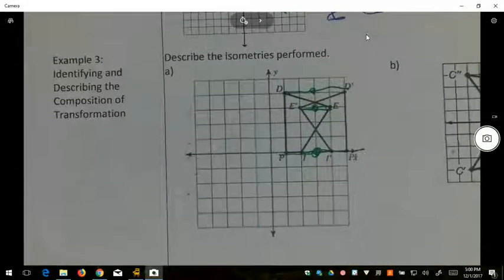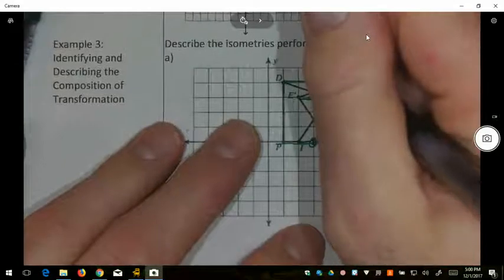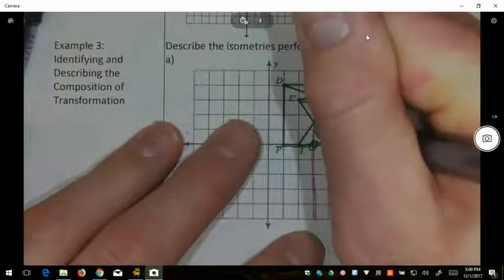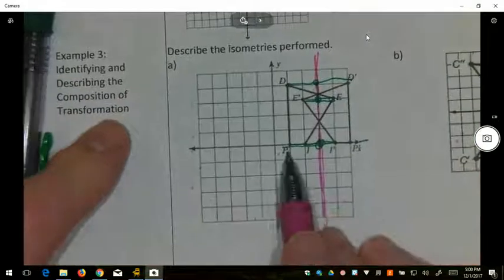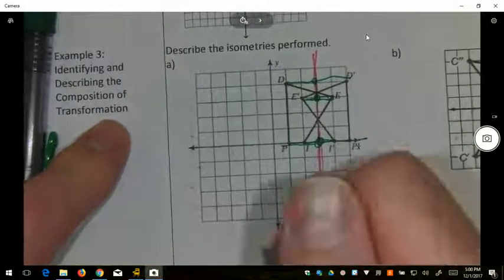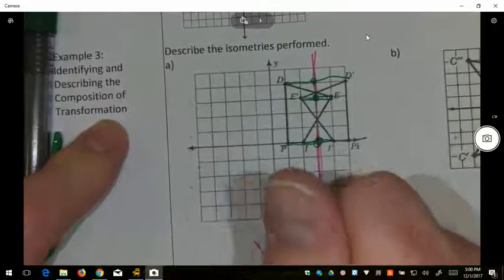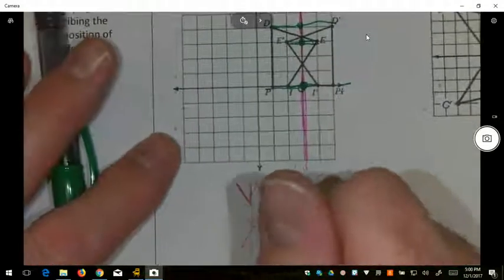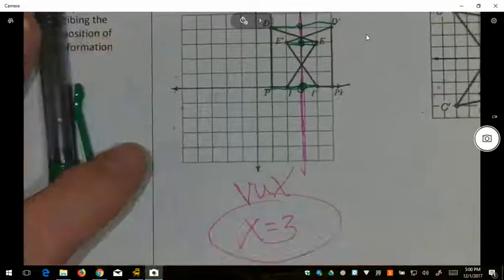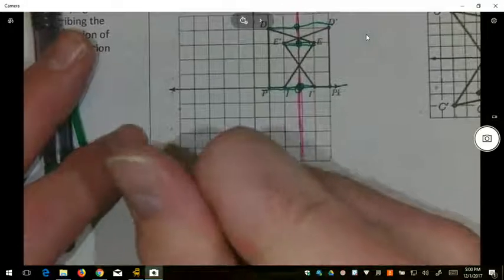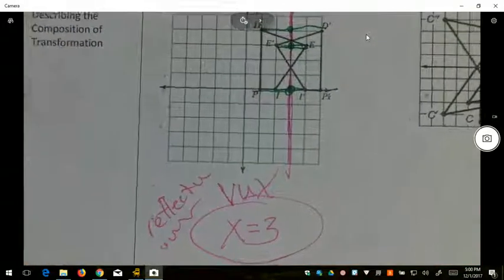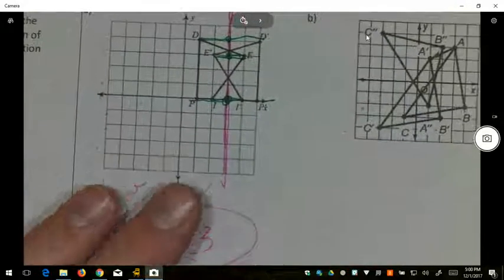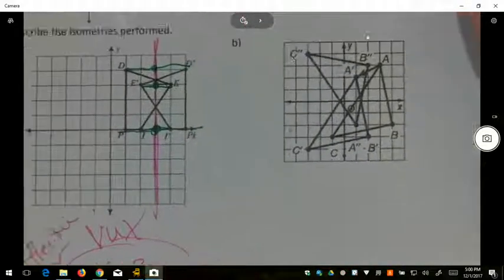Their midpoints would all fall on a line. That line where their midpoints fall when I connect the image point to the pre-image point is my line of reflection. In this case, it's at 1, 2, 3. It's a vertical line, so it's x equals 3. It's a reflection over x equals 3.